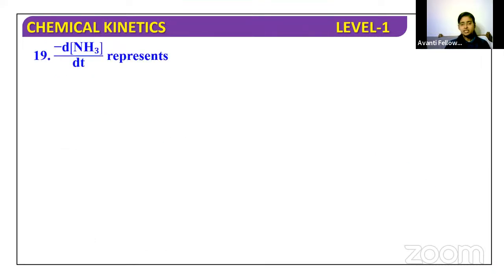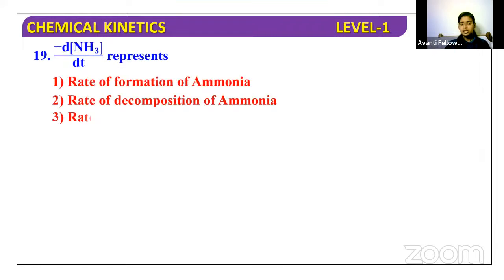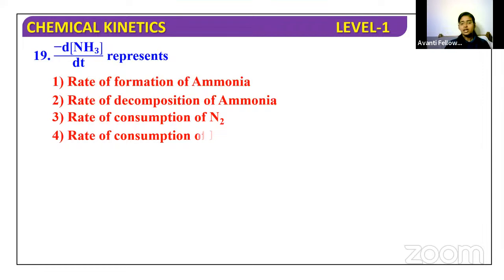Minus d[NH3] by dt represents formation of ammonia, decomposition of ammonia, consumption of N2, or consumption of H2. What does minus d[NH3] by dt denote?